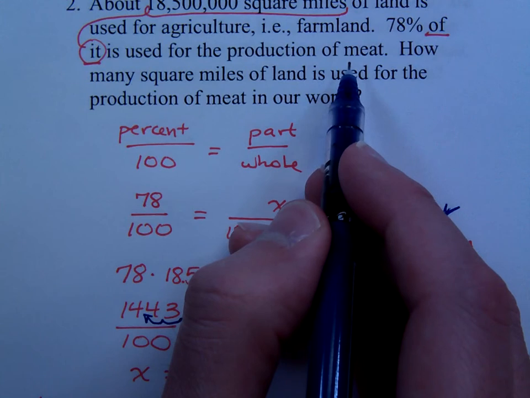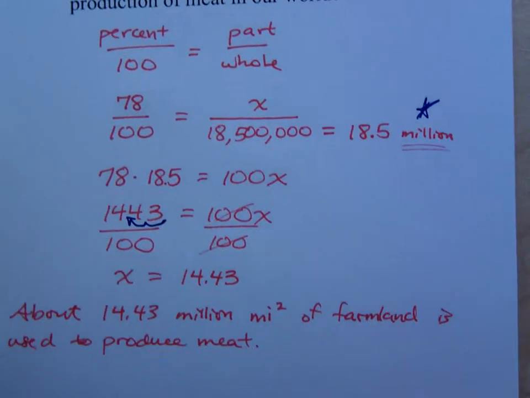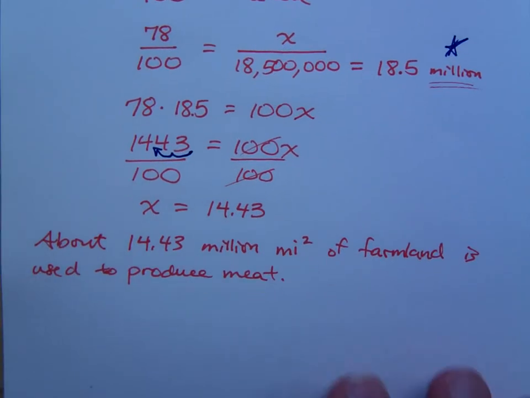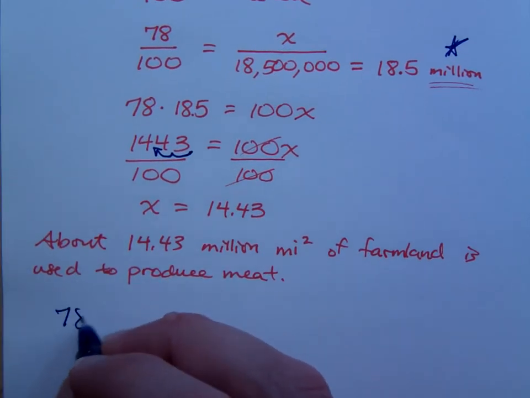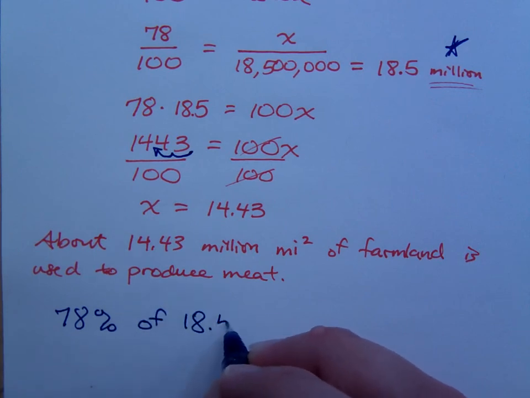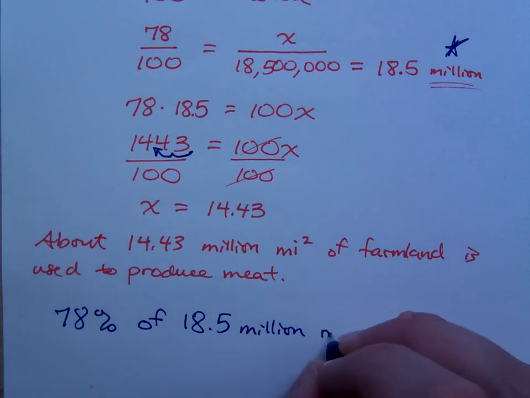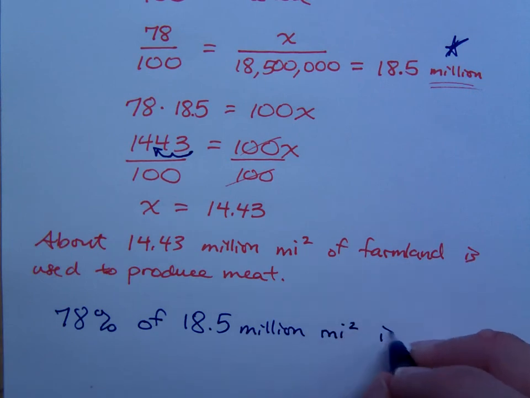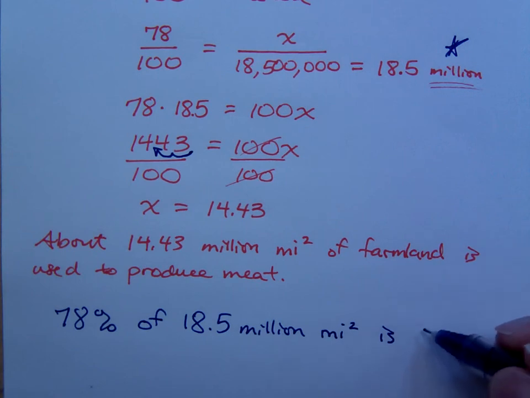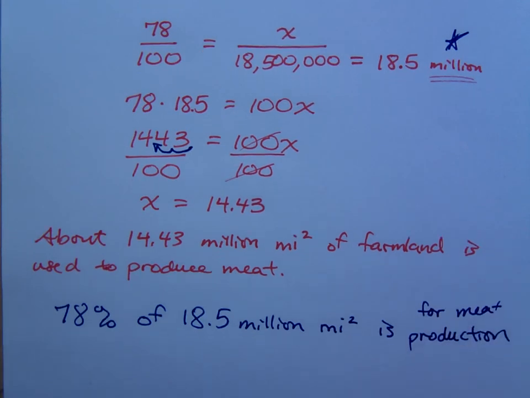So if I take the words that I see here and I translate it, it says this. 78% of 18.5 million square miles is for meat production. That's basically what the words are saying, right?